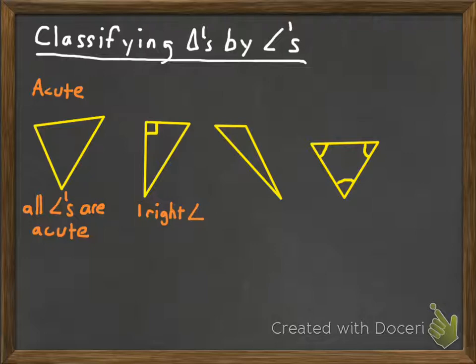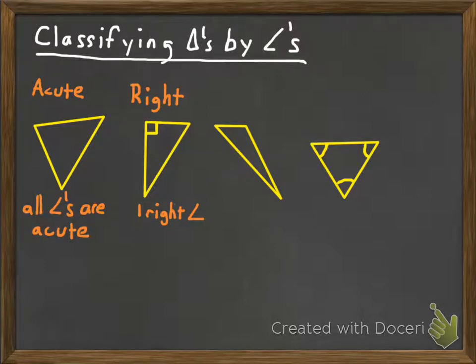Now you might wonder, how do you classify this if one of the angles is a right angle and the other two are not right angles? Because it took three acute angles to make an acute triangle, right? But with right angles, if you have one of them, that makes a triangle a right triangle. In fact, it's impossible, since a triangle has 180 degrees, for a triangle to have more than one right angle. So if it has just one right angle, that makes it a right triangle, which you knew already.